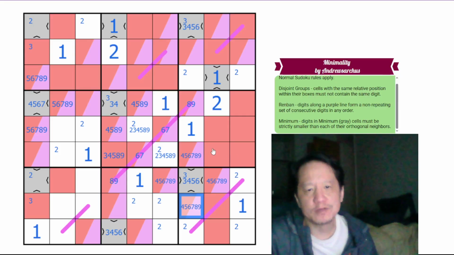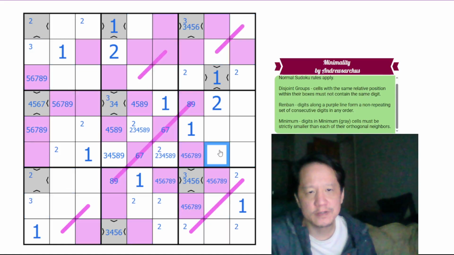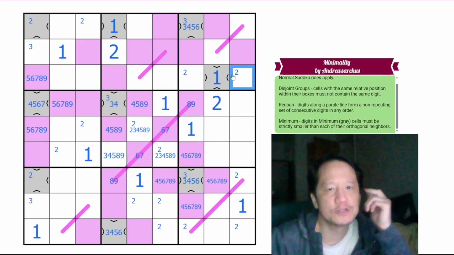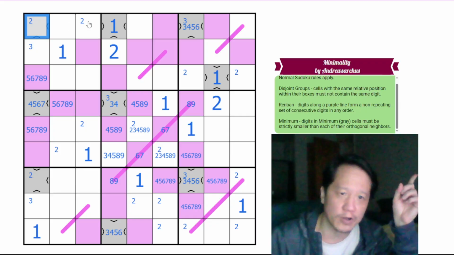Let's remove the reds and pinks again. The reds are getting a little bit confusing. We know 2 has to be one of these 2. We know 2 has to be one of those 2. This could be 2 in a lot of places. Okay, in row 1, we are guaranteed 2 in the upper left, upper right.